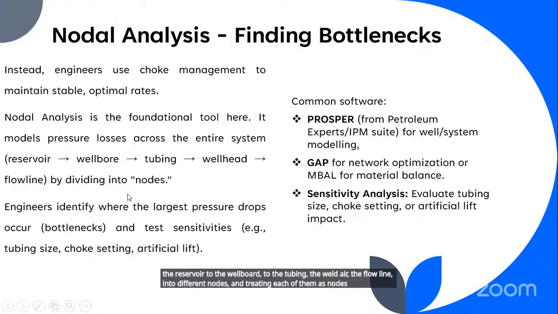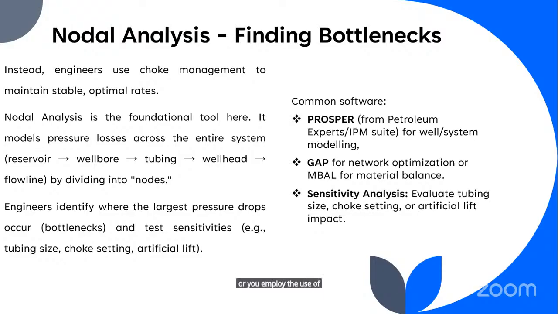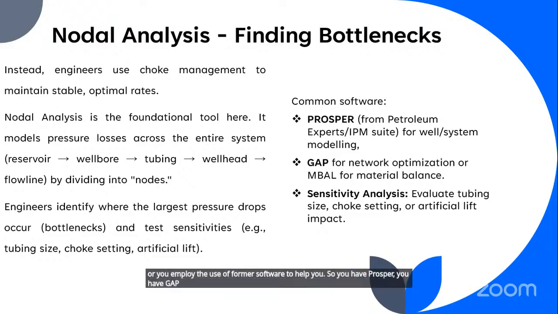When you identify the largest pressure drops where the bottleneck occurs, you run test sensitivities, or you employ common software to help you. So you have Prosper, you have GAP, you have sensitivity analysis that will help you evaluate your tubing size, your choke setting, or artificial lift impact.